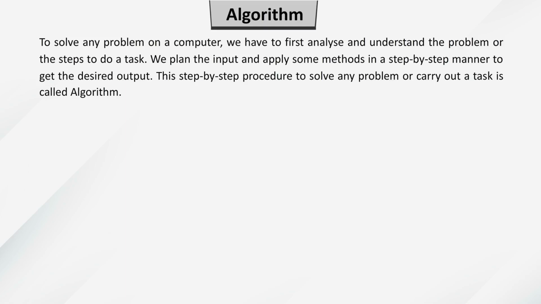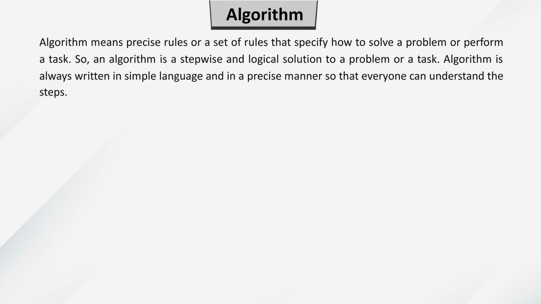This step-by-step procedure to solve any problem or carry out a task is called algorithm. Algorithm means precise rules or a set of rules that specify how to solve a problem or perform a task.